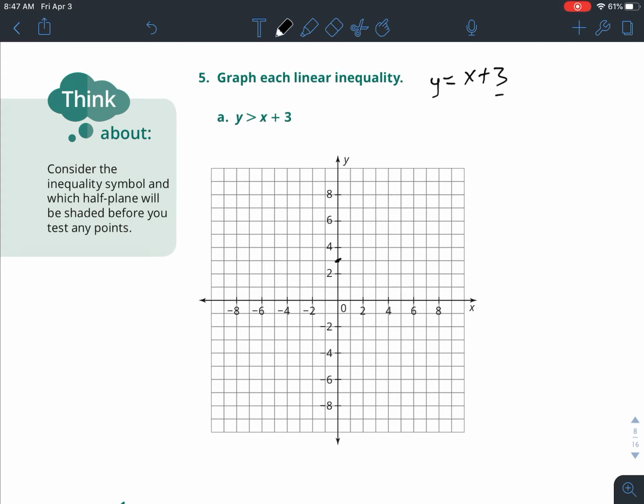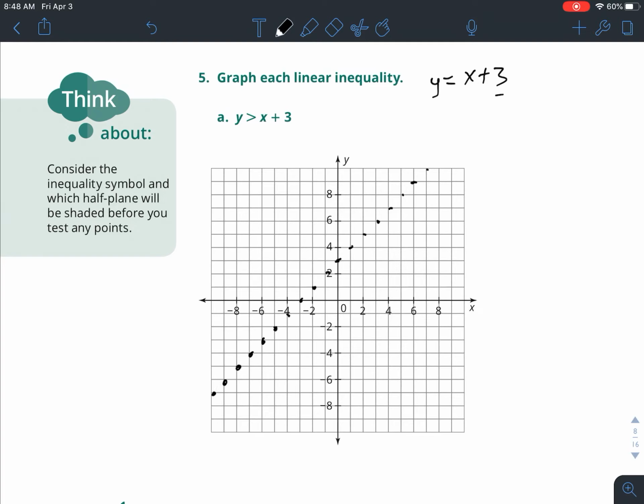We start at 3 there. Since it's just an x, we're going to go up 1 over 1, up 1 over 1, up 1 over 1. You get the hint. So essentially the dots that I'm making can suffice for our dashed lines, because it's kind of small.